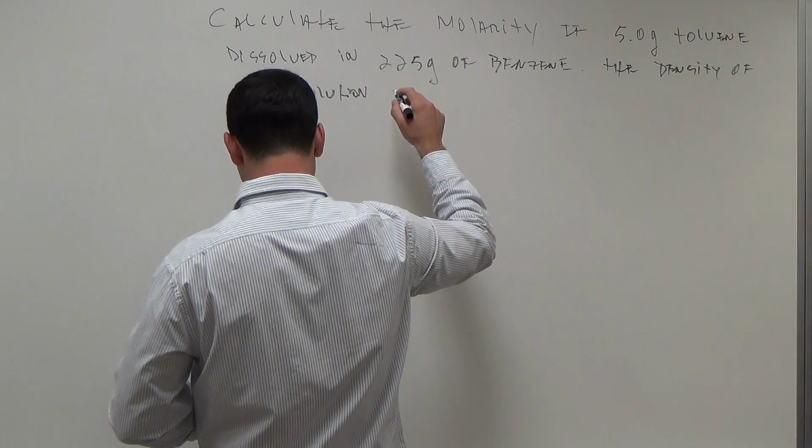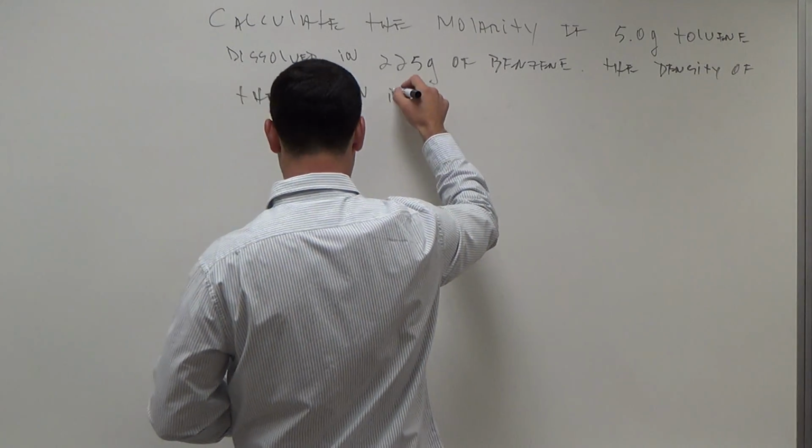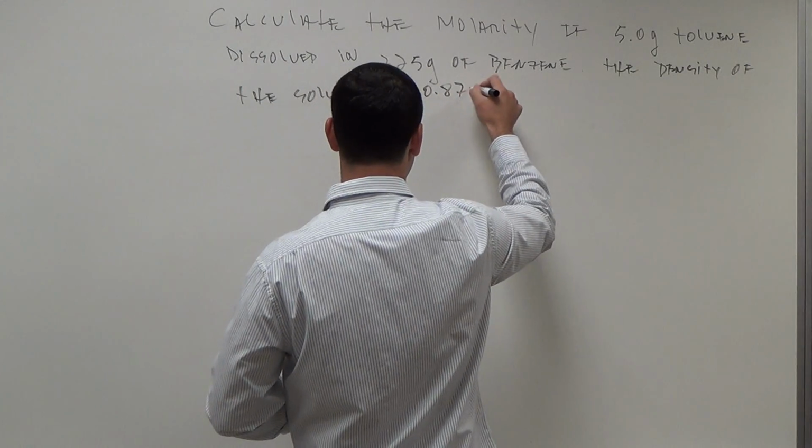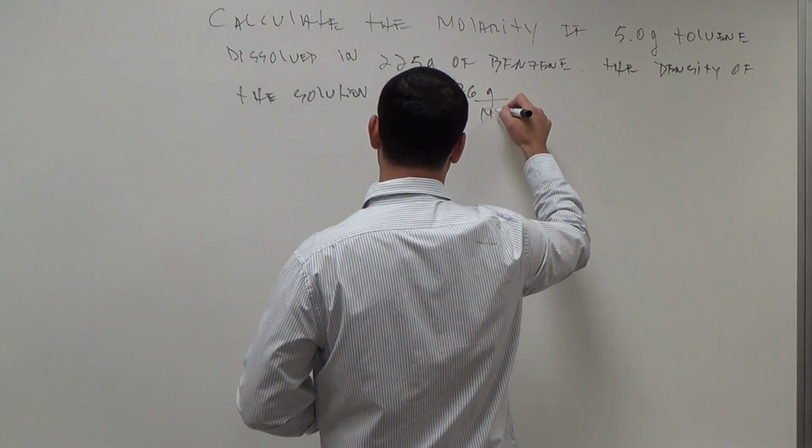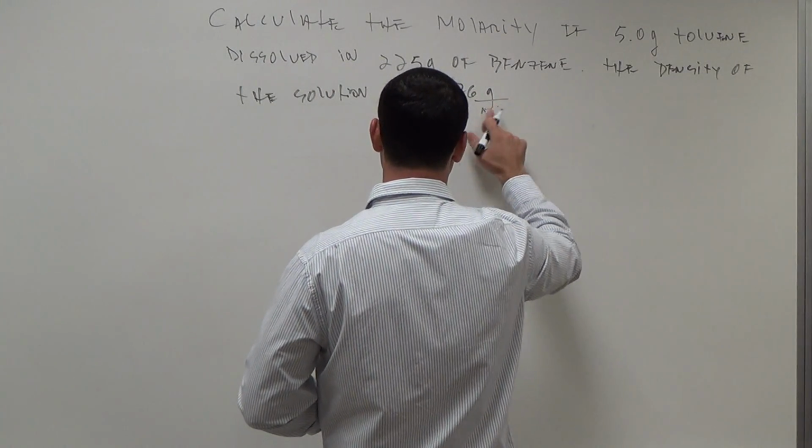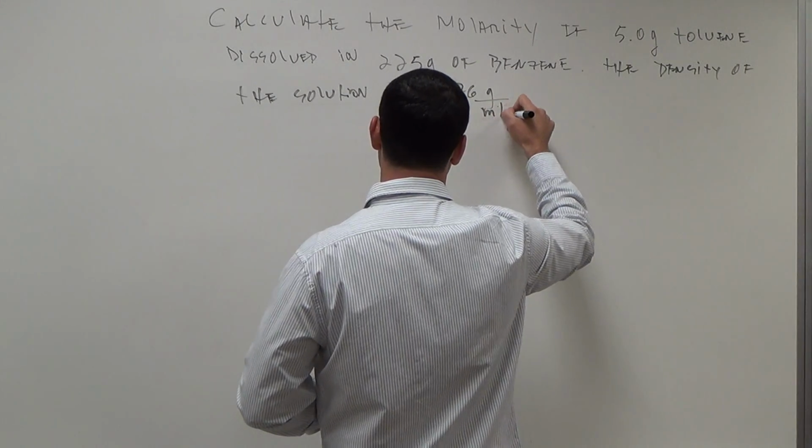The density of the solution is 0.876 grams per milliliter.